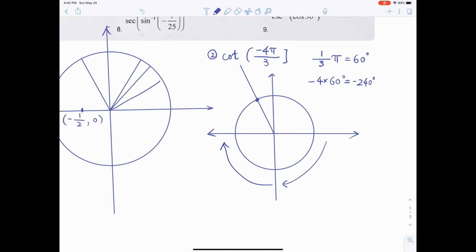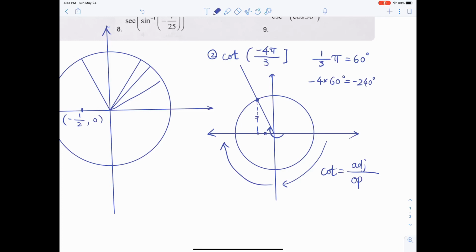This is negative 240 degrees, and 30 degrees more will become negative 270 degrees. Cotangent is adjacent, this one against this one. Adjacent over opposite.